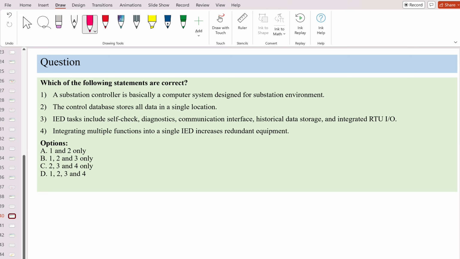Let's wait for 5-10 more seconds. Okay, let me give the solution.